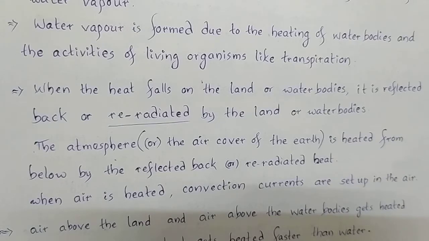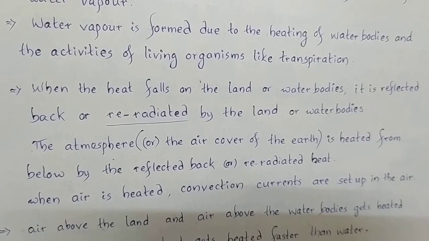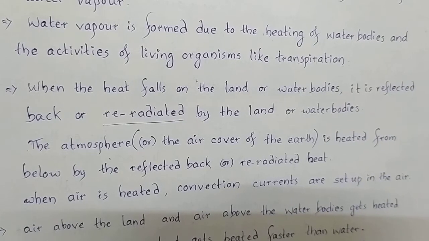In the same manner, the heat falling from the sun on the land is bounced back, reflected back, or re-radiated. The heat falling on the water bodies is also reflected back or re-radiated. So the atmosphere, that is the air cover of the earth, is heated from below.